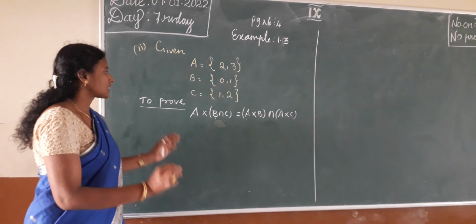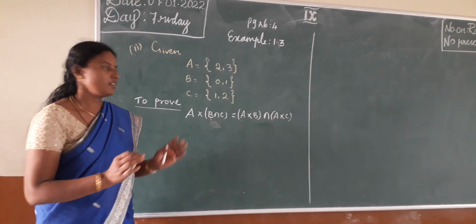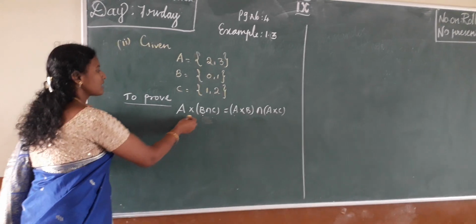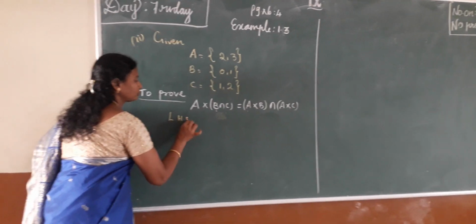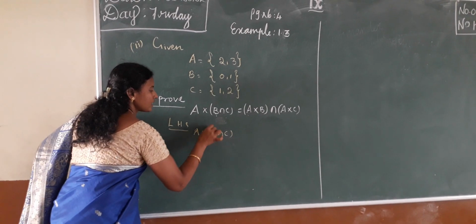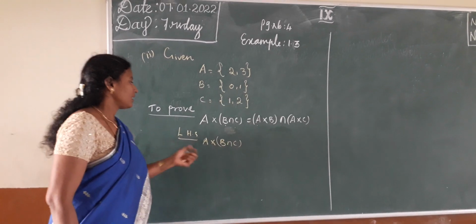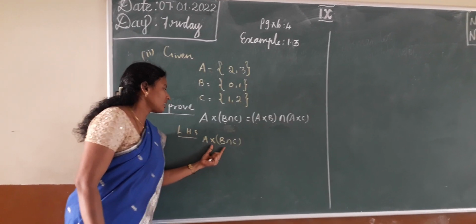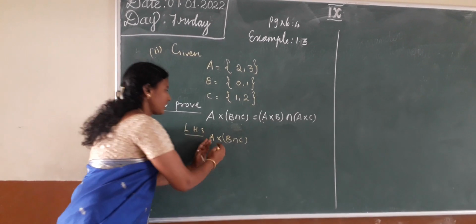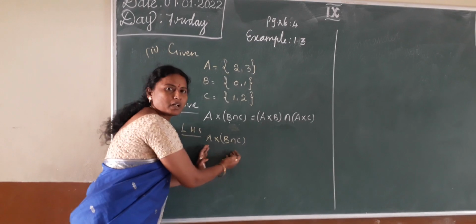At first, we have to prove the left hand side. What is given on the left hand side? A × (B ∩ C). In this property, which one do we want to prove first? A × (B ∩ C) has two parts, no?